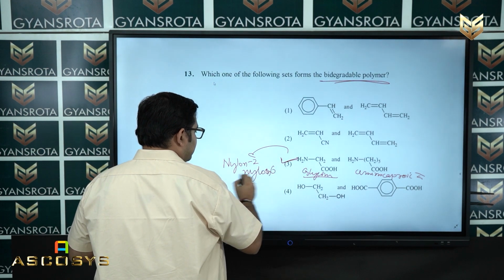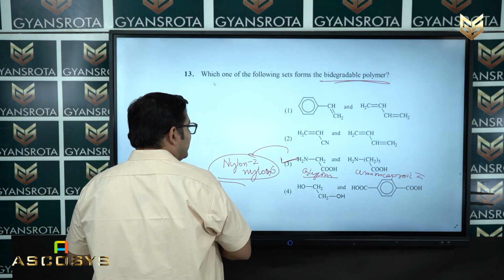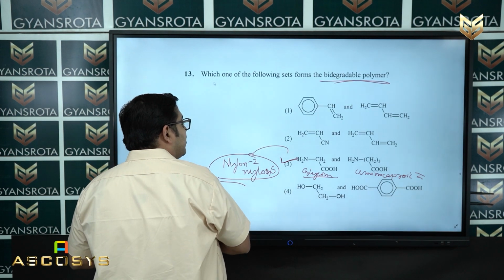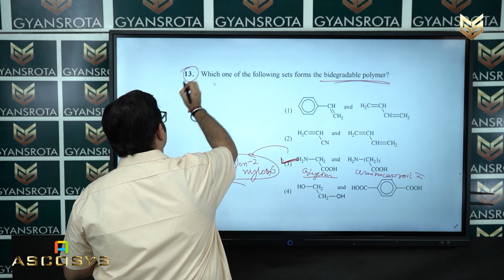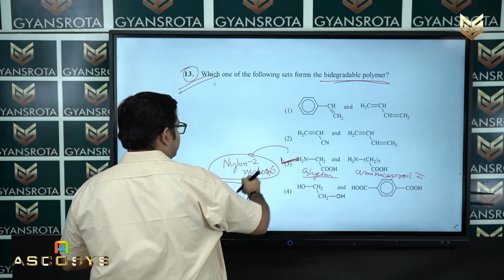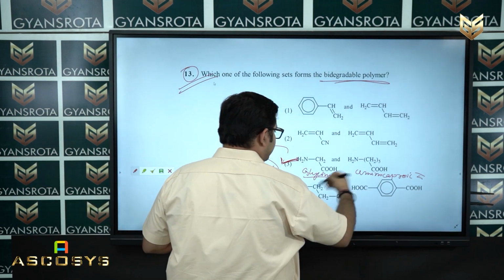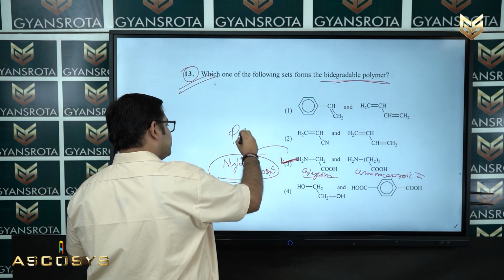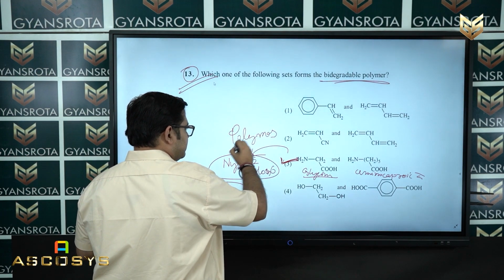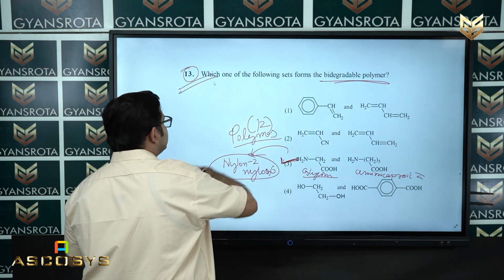So this is a polymer and this is a biodegradable polymer. So your option number 3 is the correct answer of your question number 13. These reactants and products are already given in your NCERT, in the polymer chapter of your class 12 NCERT.